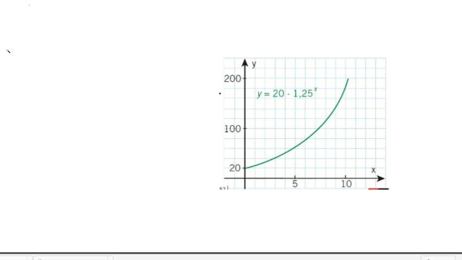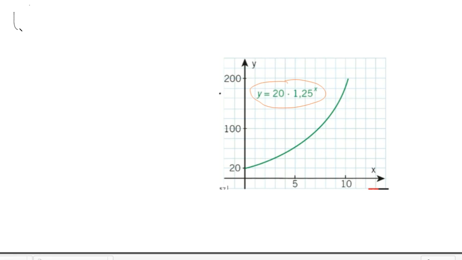Now I'm going to go through a number of examples. Let's have a look at this graph here. This is the graph of the function y equals 20 multiplied by 1.25 to the power x.